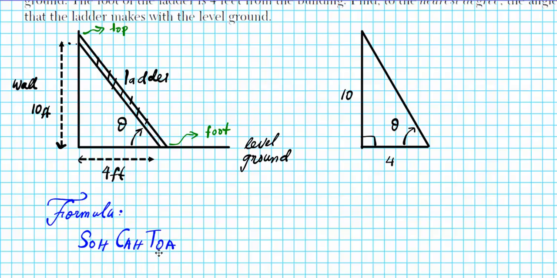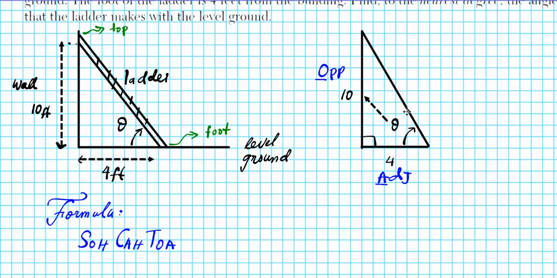Sine, cosine, or tangent? Well, let's take a look at this triangle. This is the angle theta. So the side opposite the angle under consideration, that's going to be our opposite. That's O for SOHCAHTOA. And then this side right here is the adjacent.